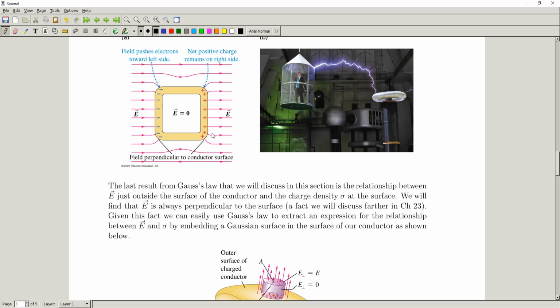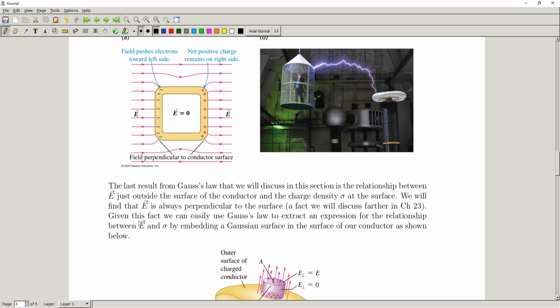And we're going to see why that is a little more in chapter 23, but for now, we can use Gauss's law to calculate the relationship between the electric field and the charge density at the surface.